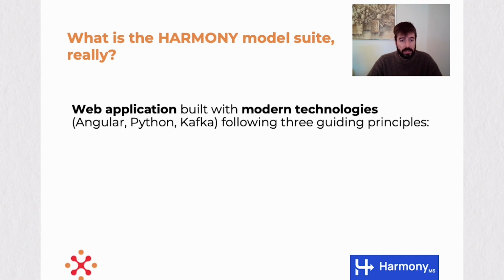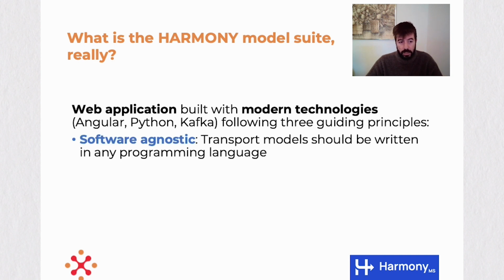We have built it following three main guiding principles. First, we wanted the platform to be software agnostic, which means that the transportation models should be able to be written in any programming language.